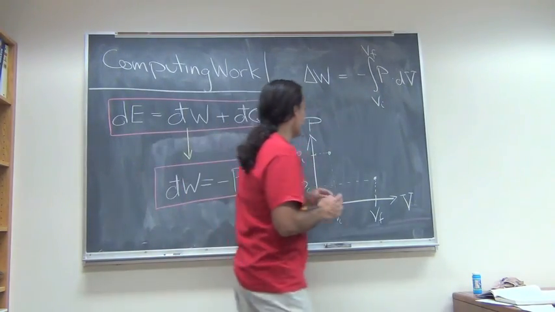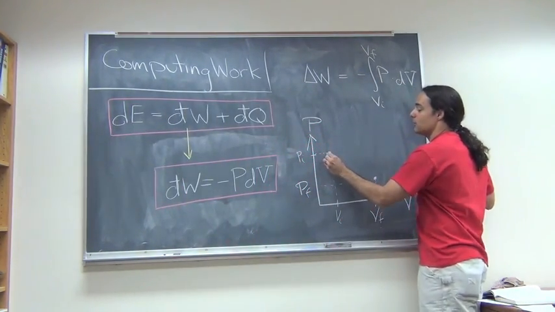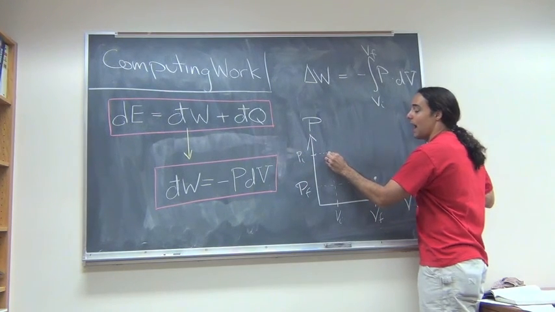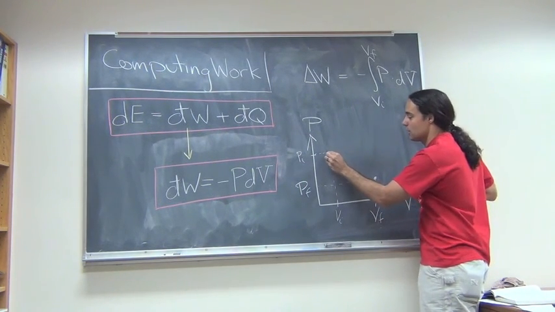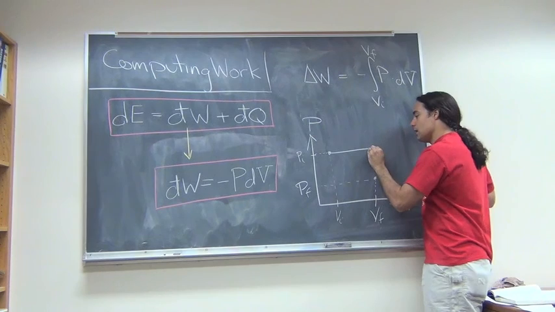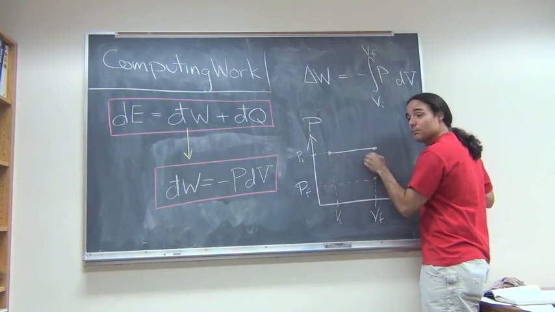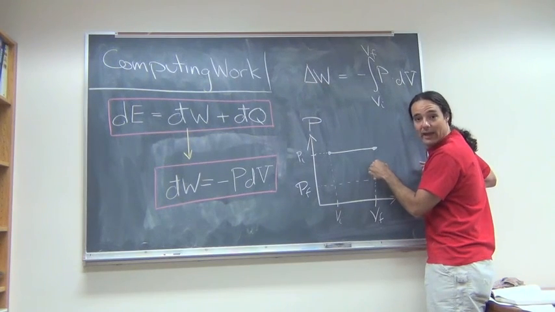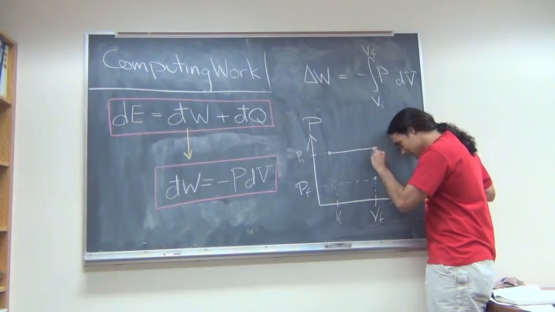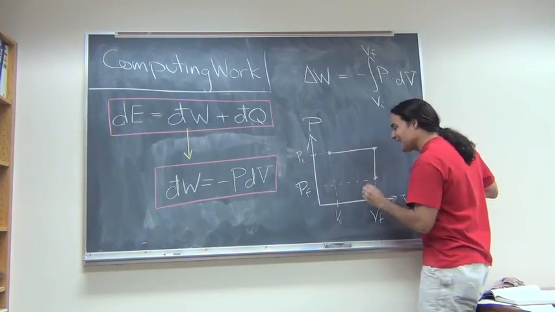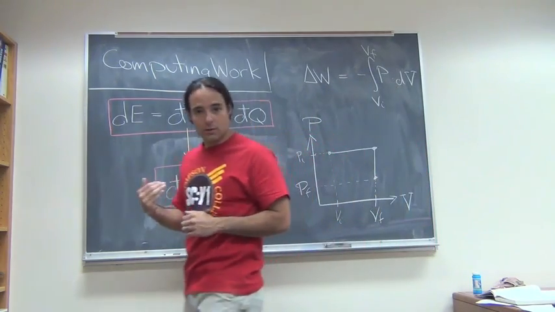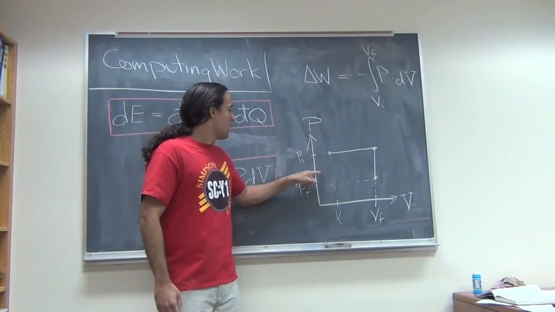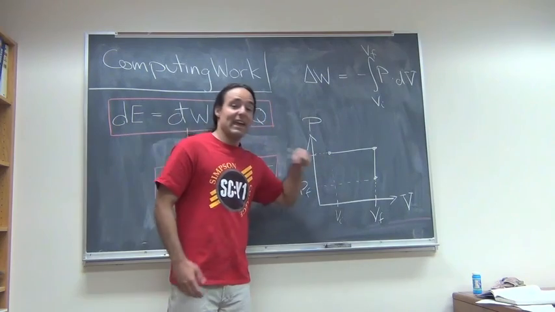So let's say the first thing I do is I stay at a constant pressure, and I go to this point. So I keep pressure constant, but I expand the gas to a higher volume. Then I decrease the pressure while staying at the same volume.